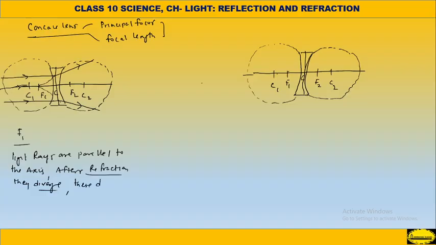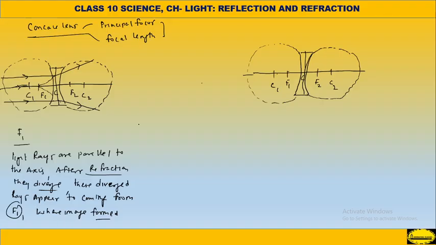These diverged rays appear to be coming from your principal focus f1, where image formation will take place. So this f1 is the principal focus.